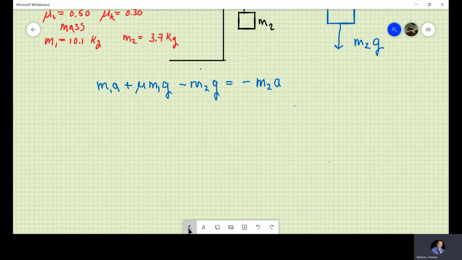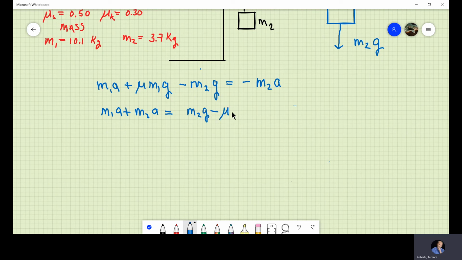So now I just need to solve for the acceleration. So I'll take this in steps. We have M1A plus M2A is equal to M2G minus mu M1G. Let's break it down one more time. The acceleration is going to be equal to G times M2 minus mu M1, divided by the sum of both of the masses.